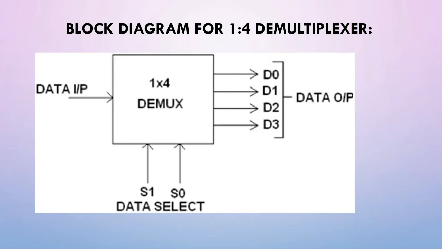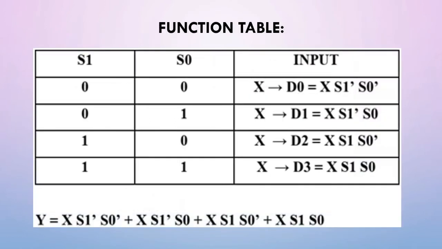Block diagram for the demultiplexer. So we have seen that there will be 2^n outputs. S1, S0 are the selection lines. So 1:4 demultiplexer, also called a decoder. Function table.